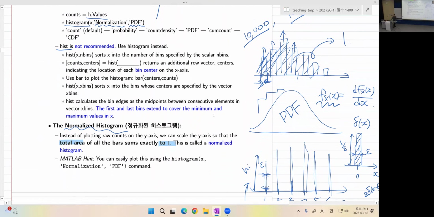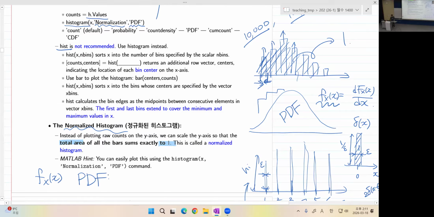And then we have something very interesting. So the kind of limit of the normalized histogram really appeals to our sense and matches our notion of the probability density function.